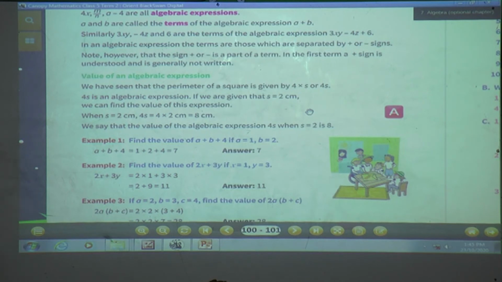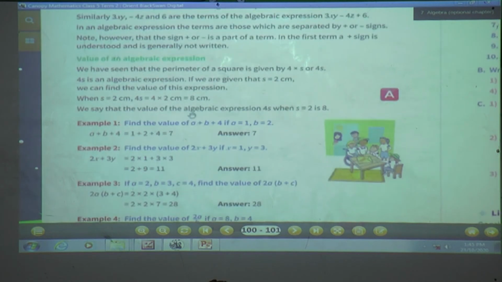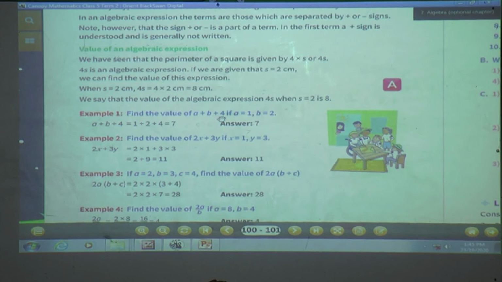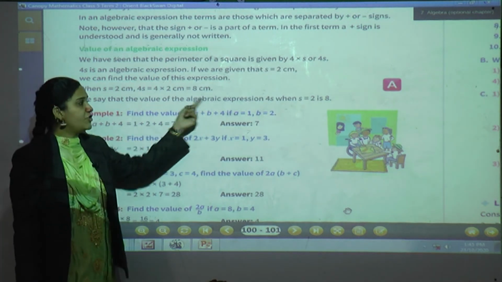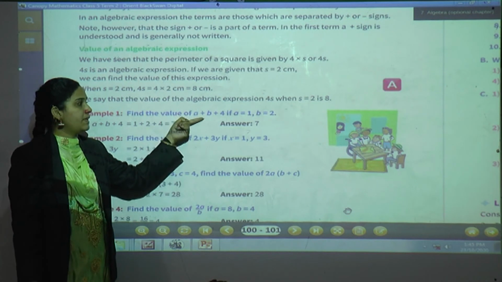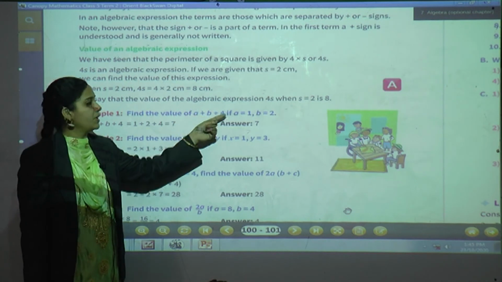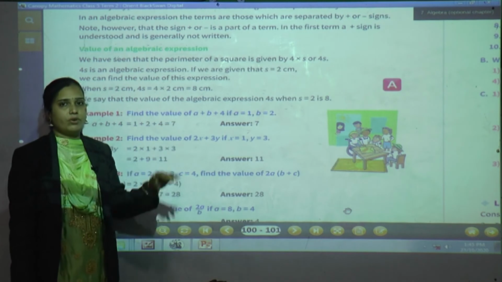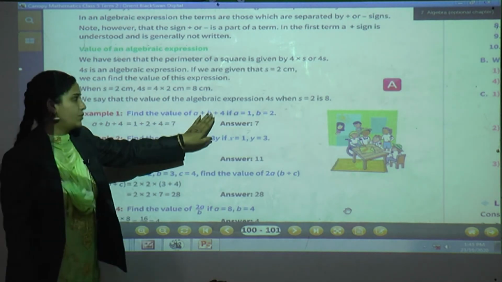Okay. Now here we'll solve the example questions they have given here. Find the value of a plus b plus 4 if a is equal to 1 and b is equal to 2. That means they have given here the algebraic expression a plus b plus 4, and the value of a is equal to 1, value of b is equal to 2.